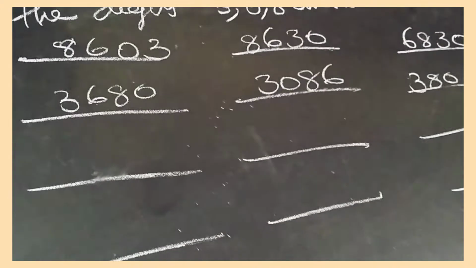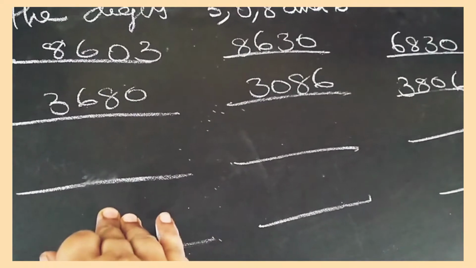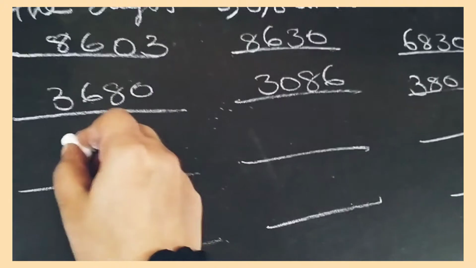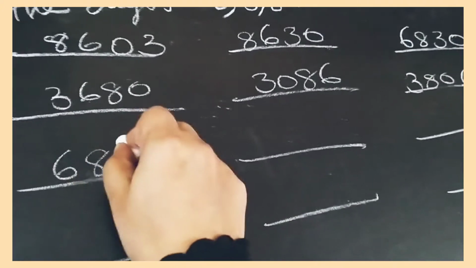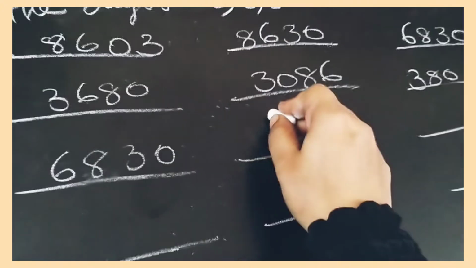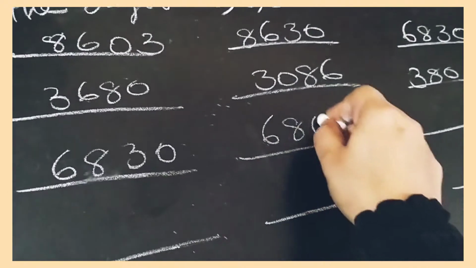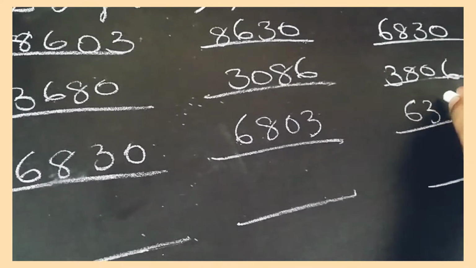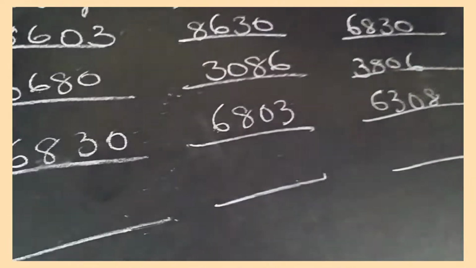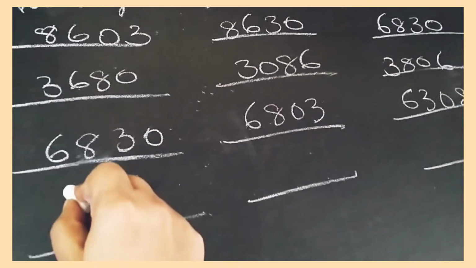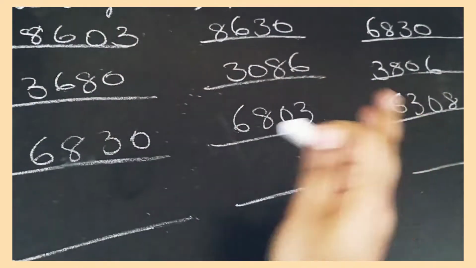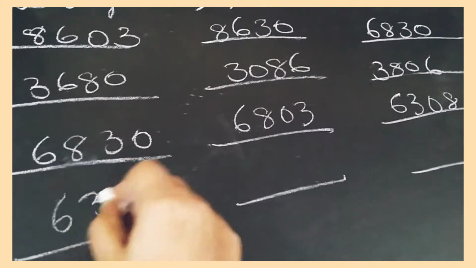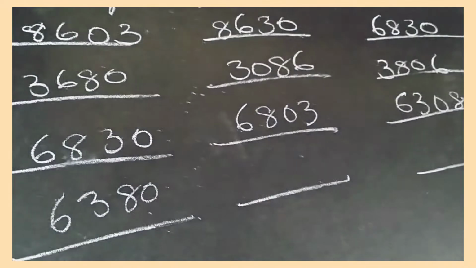Okay, then we will take 8 we have taken, 6 we will take here first. 6830, then 6803, then 6308. Okay, 6308 we have taken, 6380 we have not taken, 6380.